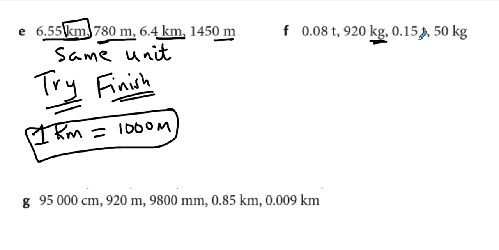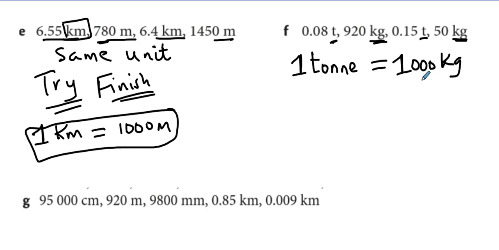So leave the kgs the same. Now convert the ton into kg. Now we know that 1 ton equals 1,000 kilograms. So in 1 ton we have 1,000 kilograms. How about 0.08 ton, it will be equal to how much?